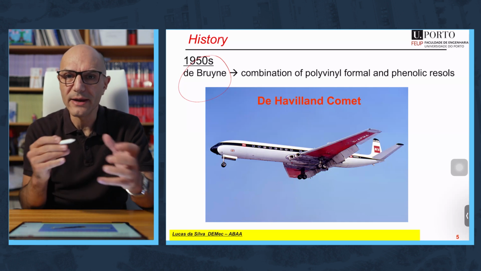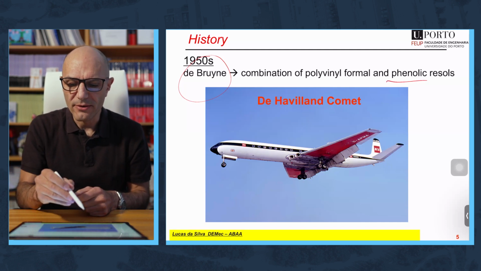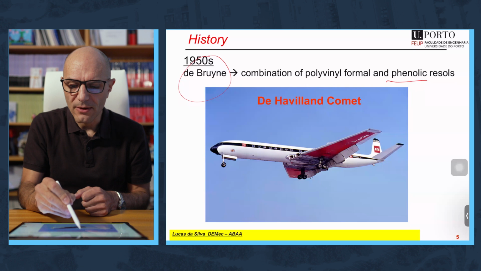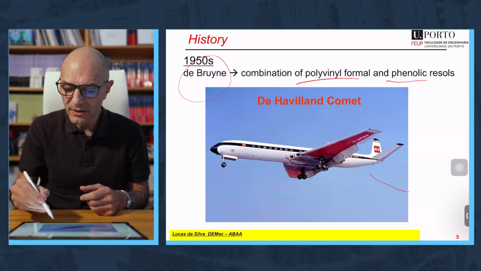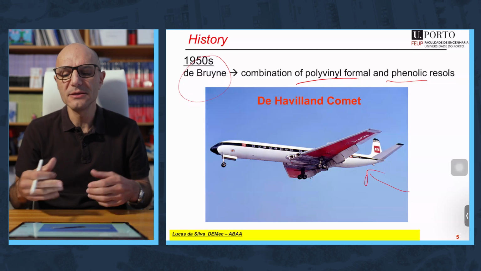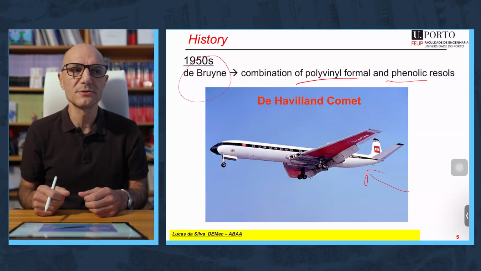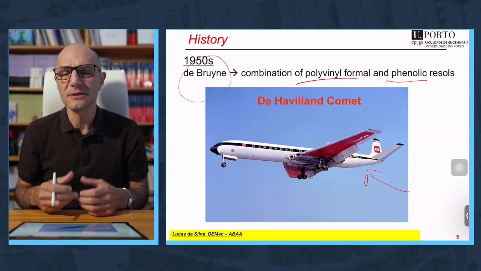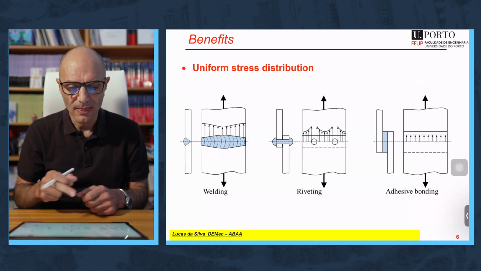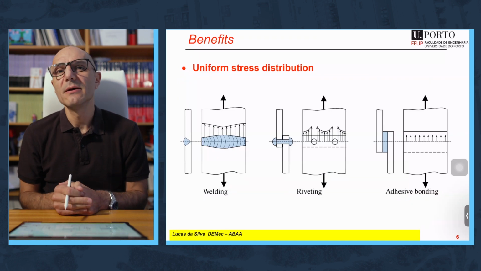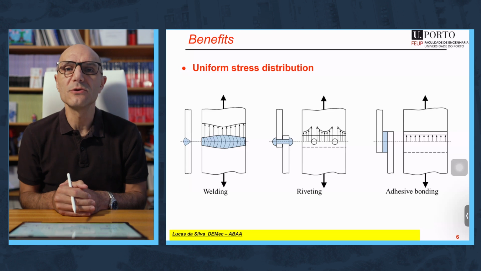He could combine two types of polymers, phenol resin and vinyl, to make an adhesive that is much tougher and can be used with aluminum alloy. Again, this is a development that followed the Second World War. Unfortunately, every time there are wars, there are big developments in technological terms. But why can adhesives give a stronger joint? This is difficult to understand.